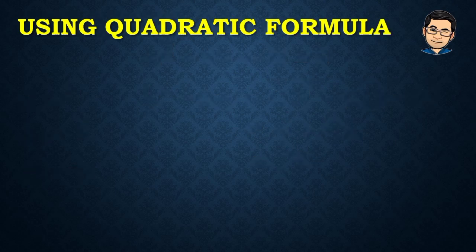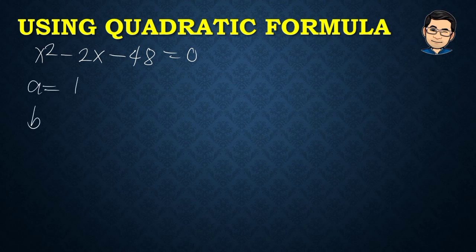So, we apply again quadratic formula. So, rewrite the given equation x squared minus 2x minus 48 is equal to 0. So, the value of a, 1, b, negative 2, and then c is equal to negative 48.